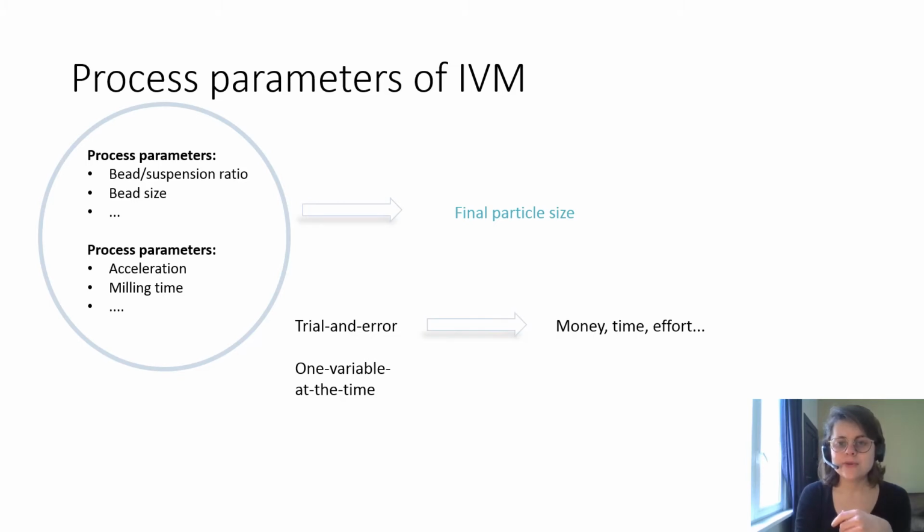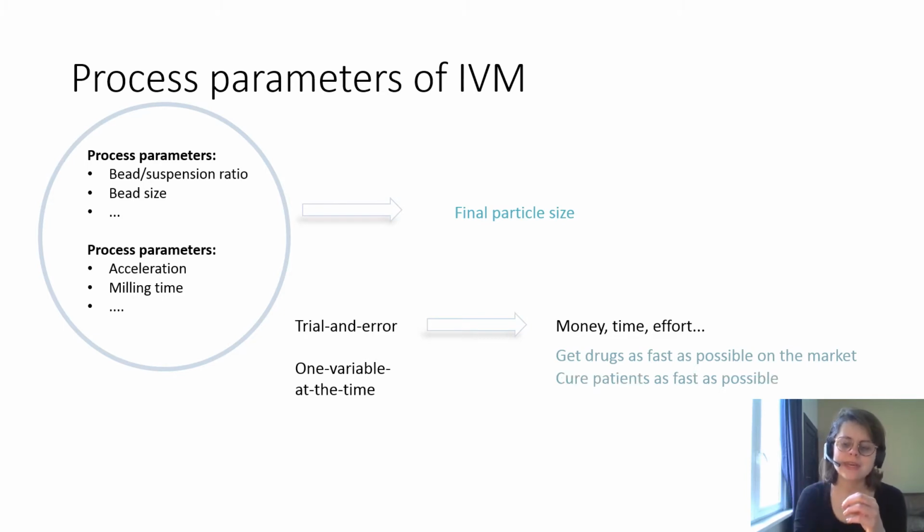So of course we lose a lot of money, time and effort in the laboratory finding these optimal process parameters to find a nano suspension or a micro suspension. And keeping in mind that we still have this new chemical entity, we want to get these drugs on the market as fast as possible, as we want to cure patients as fast as possible.